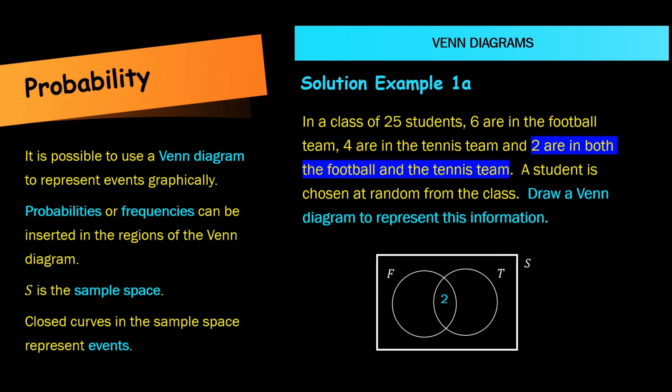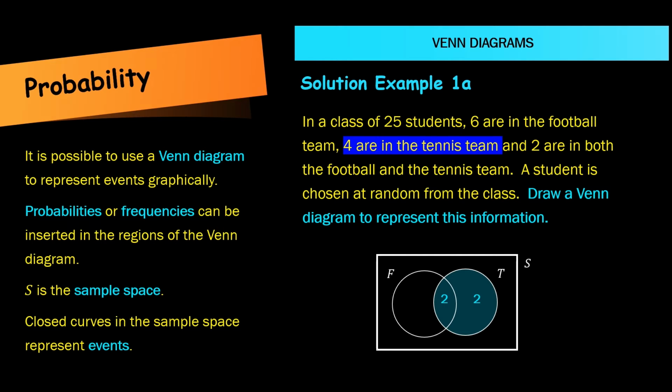Two students are in both the football and the tennis team, so we put the number 2 in the center, or in the intersection area. 4 are in the tennis team, so we already have a 2 in there, so we put 2 in the tennis circle which doesn't intersect the football circle, as shown.